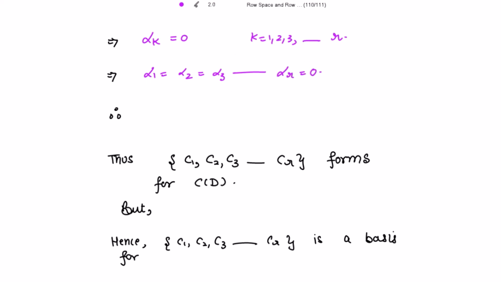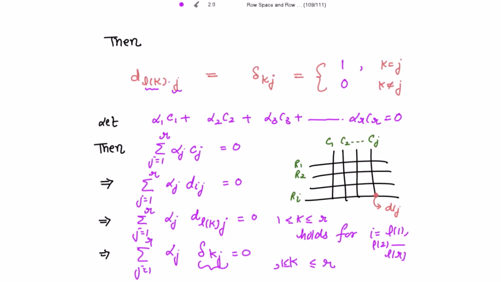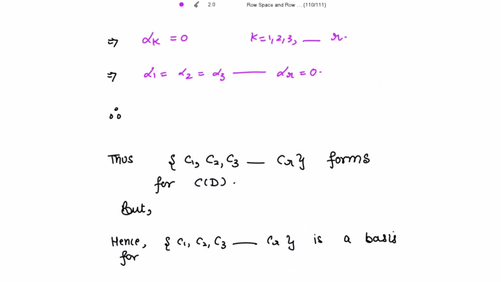Because all these scalars are 0 in the linear combination of these non-zero columns, C1, C2, C3 up to Cr are linearly independent. This is the condition for linear independence of the columns. Therefore, C1, C2, C3 up to Cr are linearly independent.